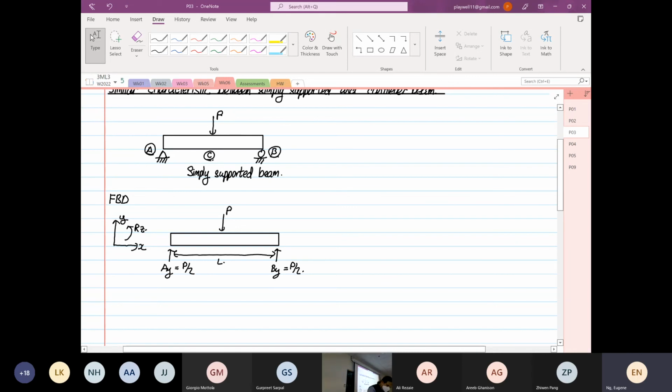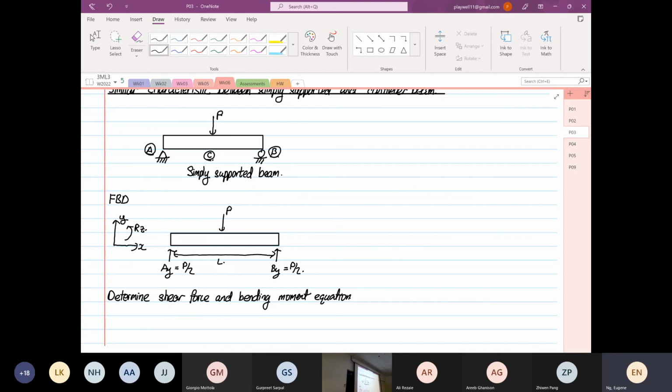So we are going to determine shear force and bending moment equation. So you all know what to do with the shear force now, yes or no? Right, you know what to do now. Okay, now we are going into the bending moment diagram, because we need the bending moment vector now.